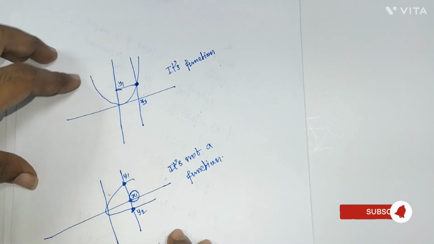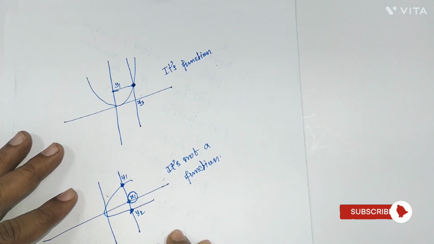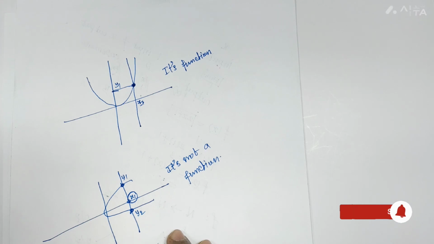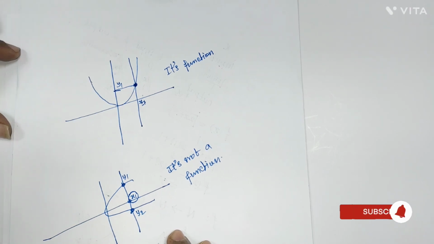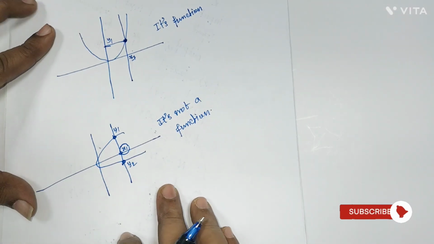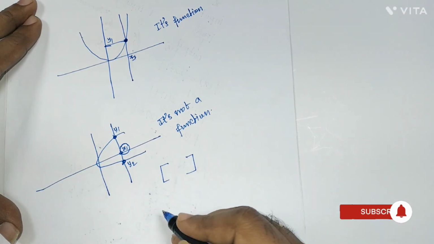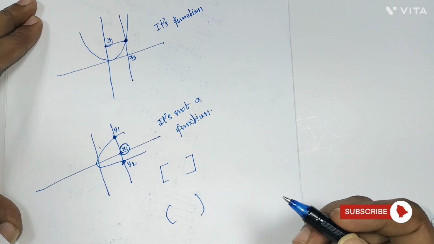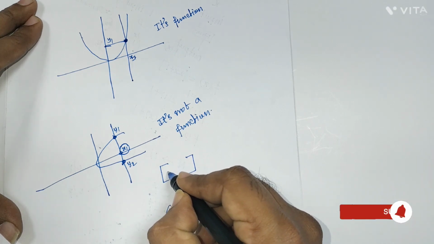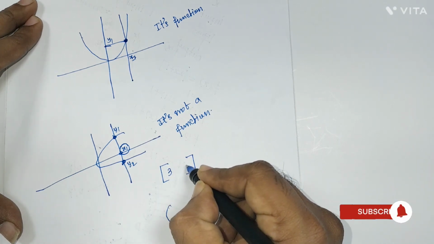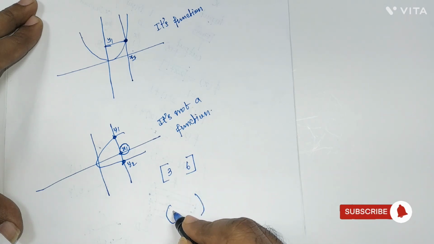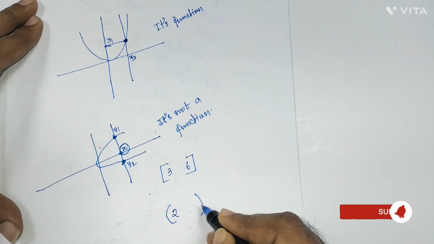So now we are going to learn about what is domain in this video. Before starting the domain, you should understand two concepts, that is closed bracket and open bracket. For example, here I am taking 3 to 6, here I am taking 2 to 1.